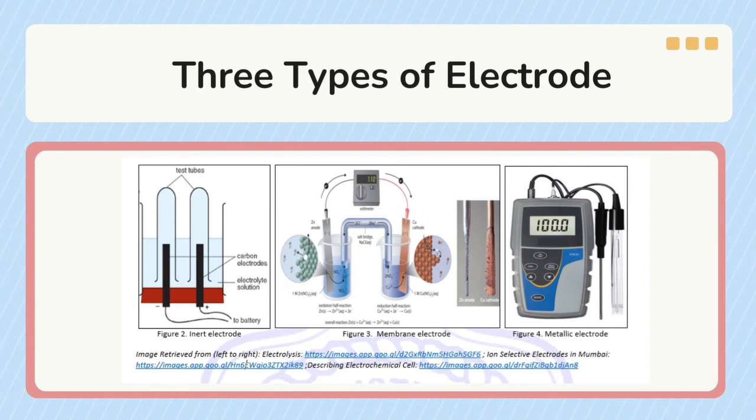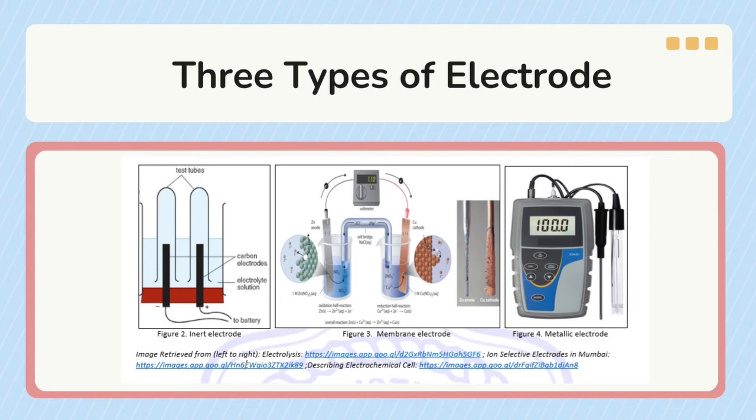Next we have three types of electrode. The first one, in figure number 2, is the inert electrode. This is a type of electrode that is usually made up of carbon, graphite, or platinum, because carbon and platinum are inert and non-reactive to the components that undergo the redox reaction.